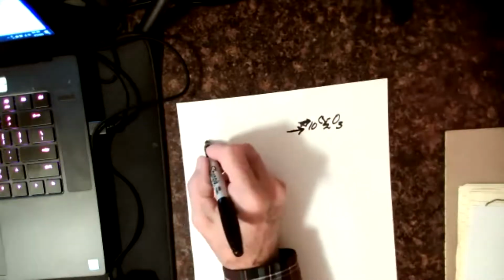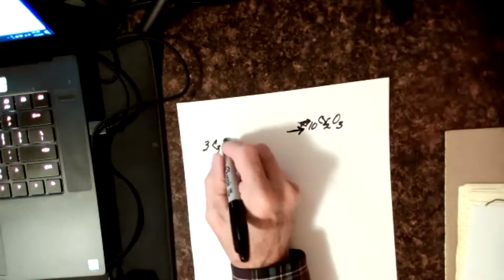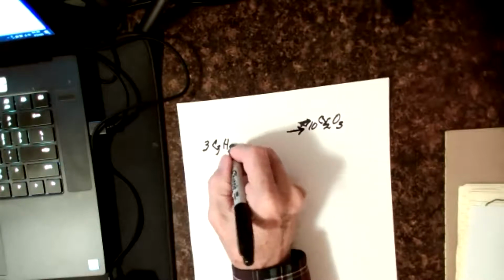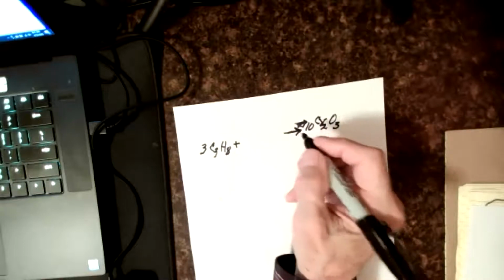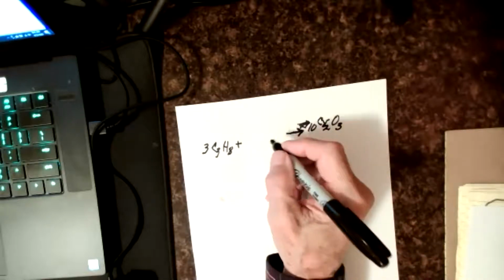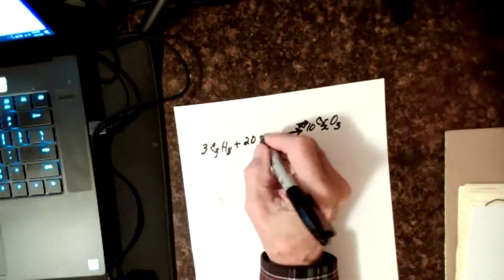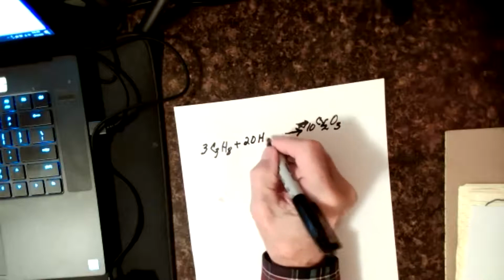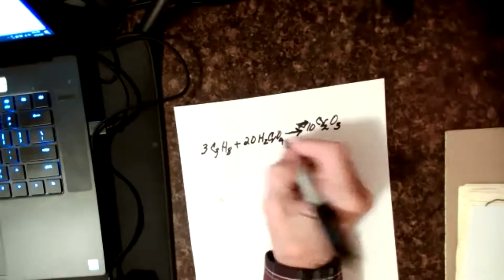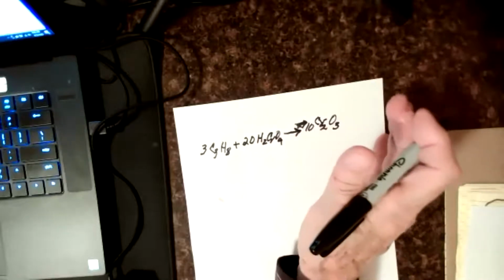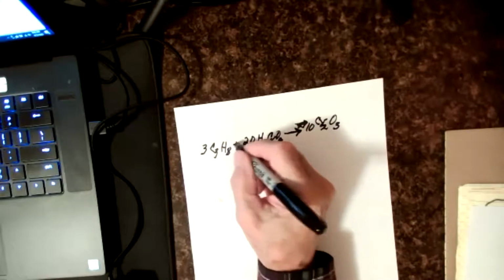The equation is showing 3 propane, C3H8, and 35 milliliters of the chromic acid. The chromic acid formula, there's 20 of them, and it's H2CrO4. I'm giving you the balanced equation, so you got your formulas here. You don't really need the names on this problem.